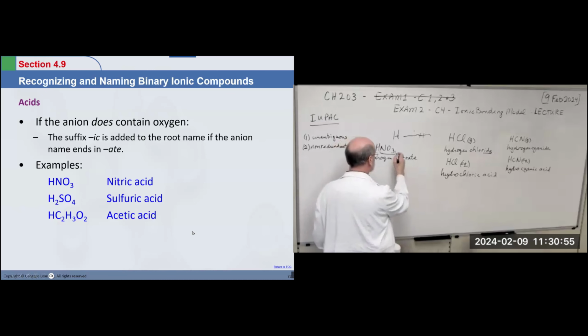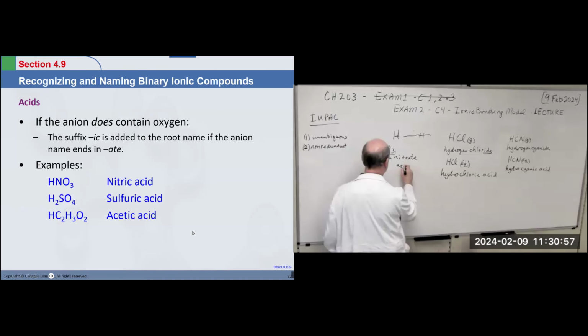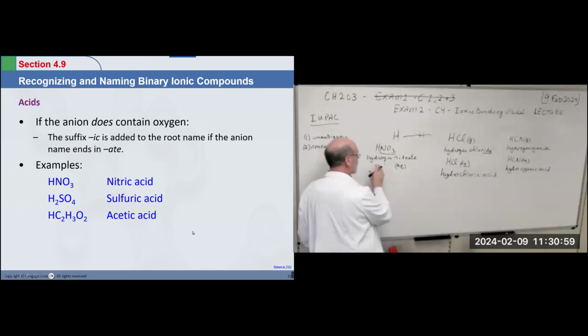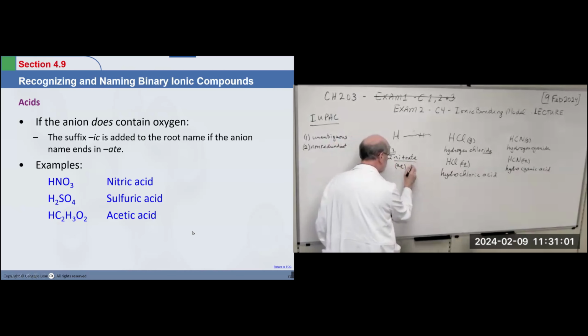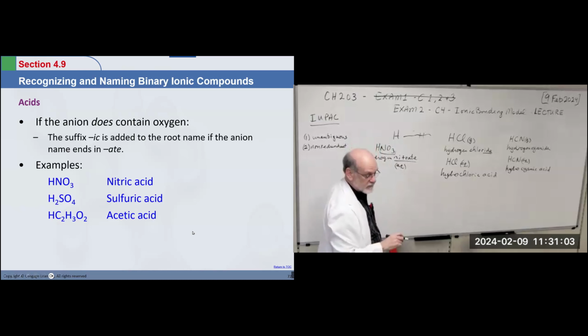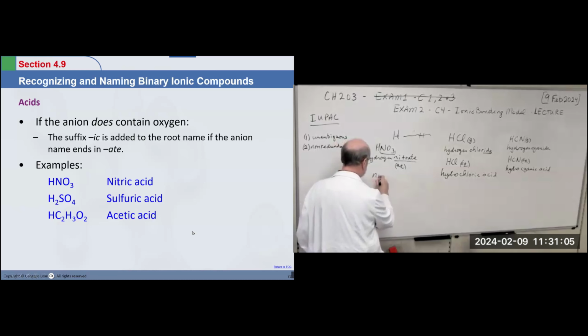If we put it in water, now we just take this part of the name and ate becomes ic. Nitric acid. That's it.